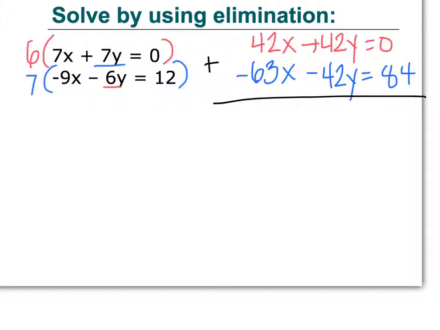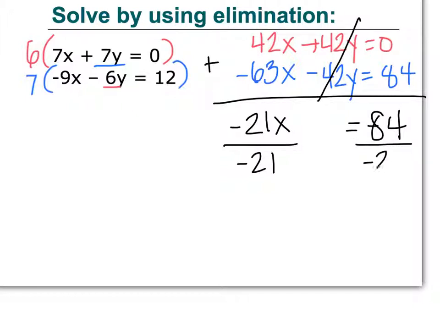So 42 plus negative 63 is negative 21x. My y's cancel, and this is equal to positive 84. I'll divide by a negative 21 and get x is equal to negative 4.